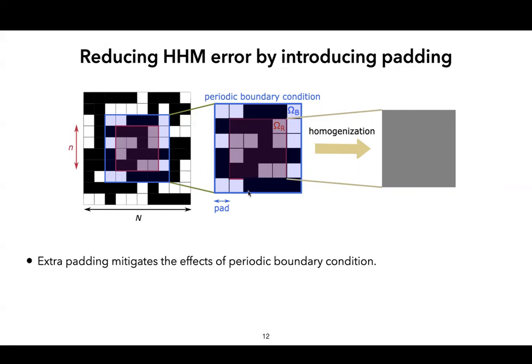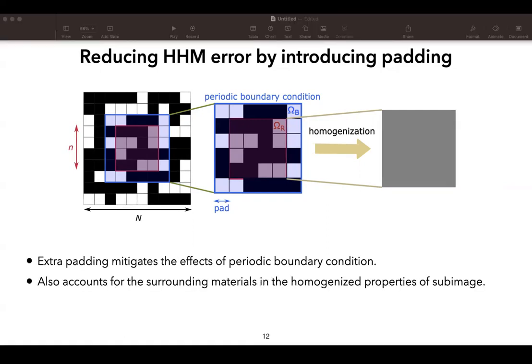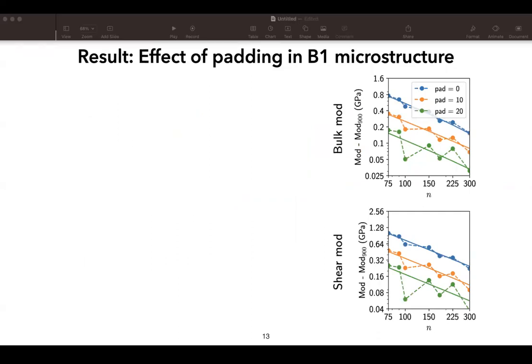So this extra padding will somewhat mitigate the effects of periodic boundary condition, and it will also account for the effect of surrounding materials in the homogenized properties of these subimages, right? So here is the result.